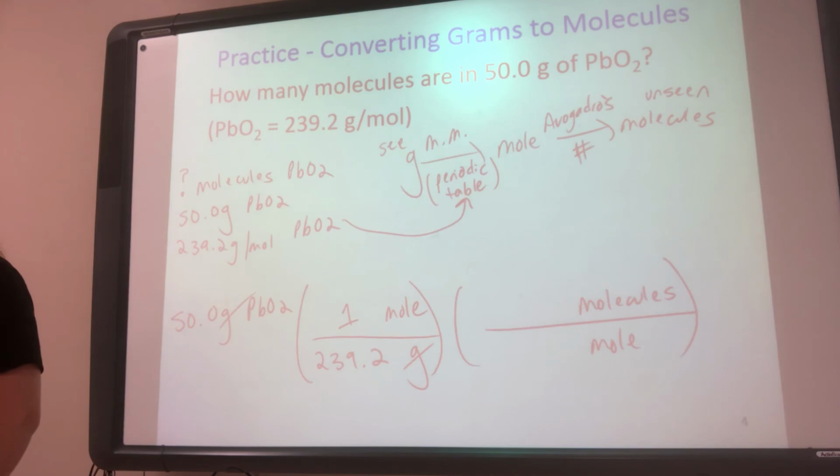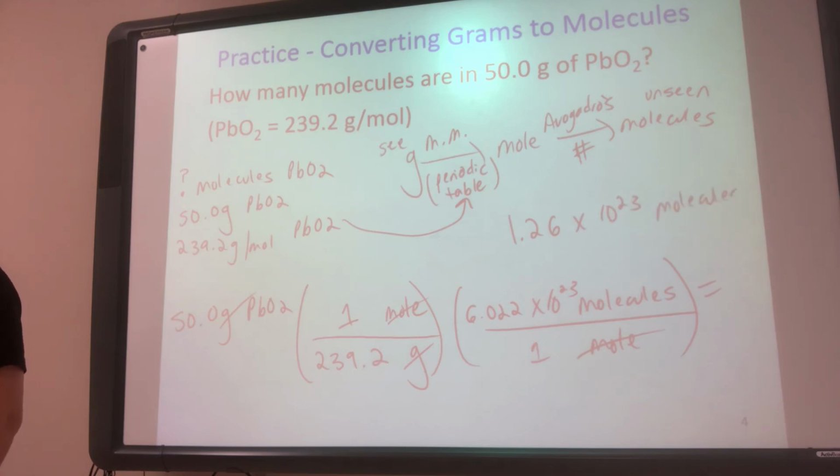How do I go from moles to molecules? Avogadro's number. Okay, and we said Avogadro's number is that many molecules in 1 mole. So we write the number with the molecules, 6.022 times 10 to the 23rd, and 1 mole. Everything cancels. I do my math, and I get my answer to be 1.26 times 10 to the 23rd molecules of PbO2.